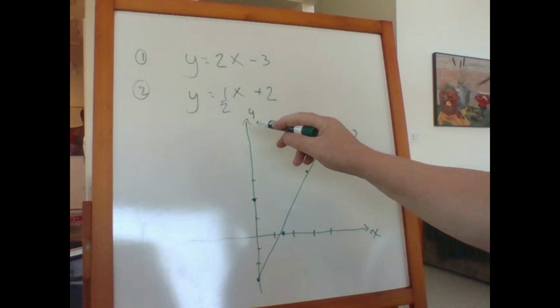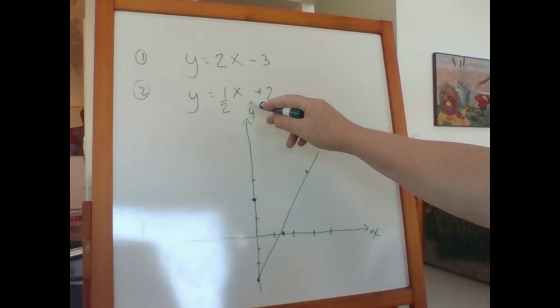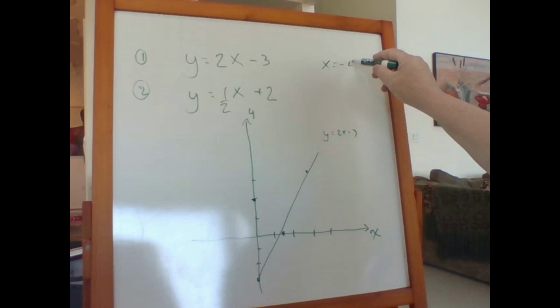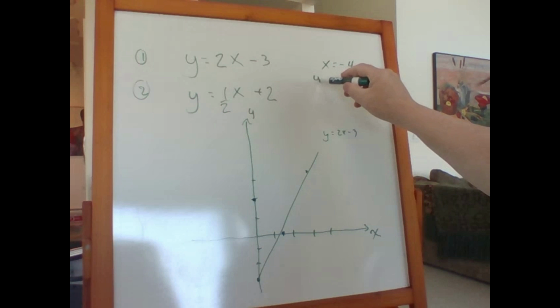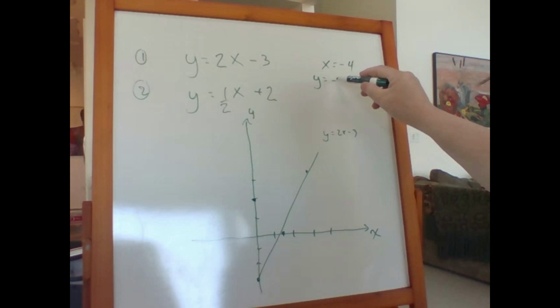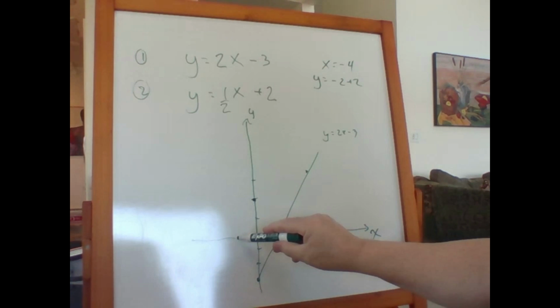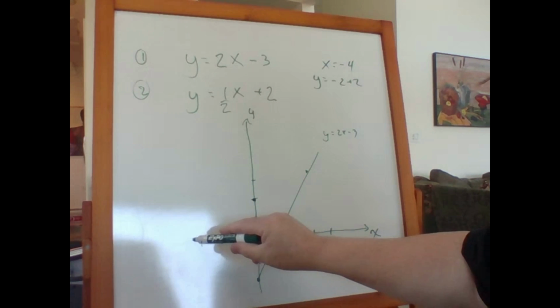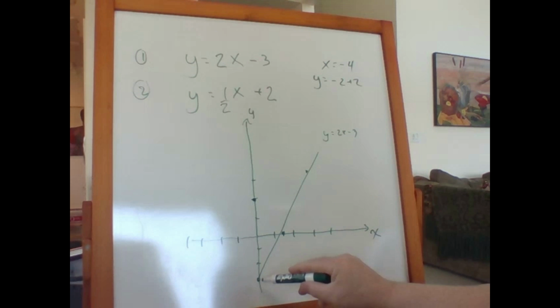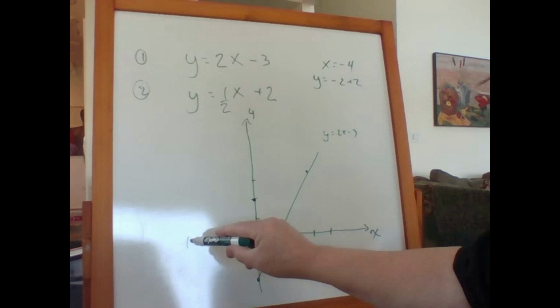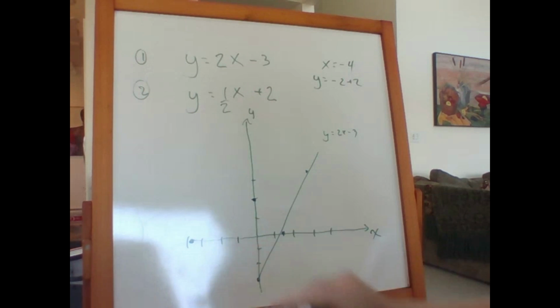And when x equals -4, y equals -2 plus 2, so 0. So 1, 2, 3, 4. Y is 0 over there.